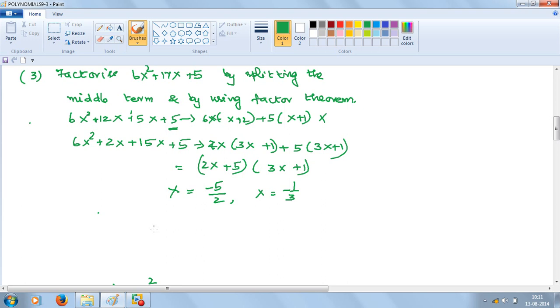So we will now apply the factor theorem and check. What is f of minus 5 by 2? 6 multiplied by minus 5 by 2 the whole square, plus 17 multiplied by minus 5 by 2, plus 5. Minus 5 by 2 becomes plus when you square it.